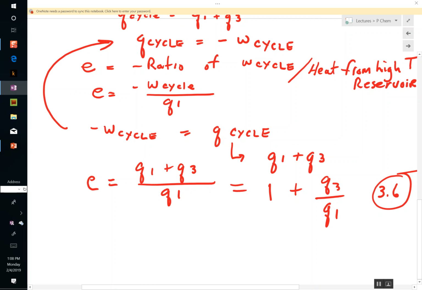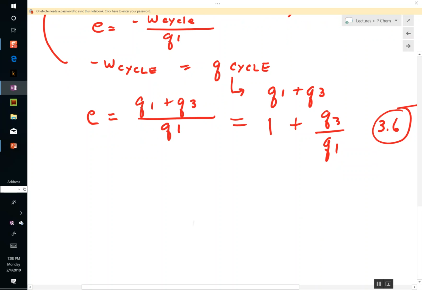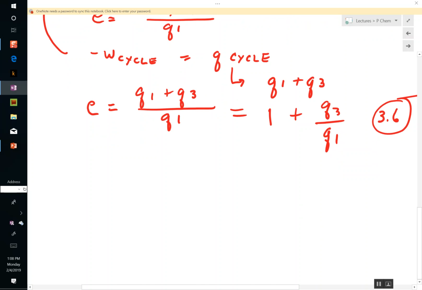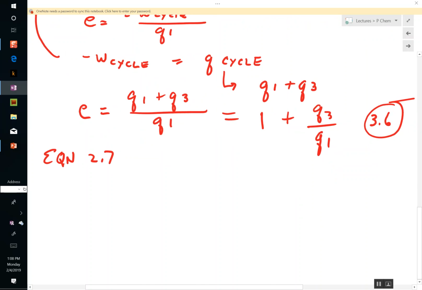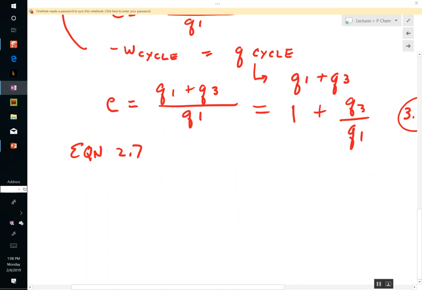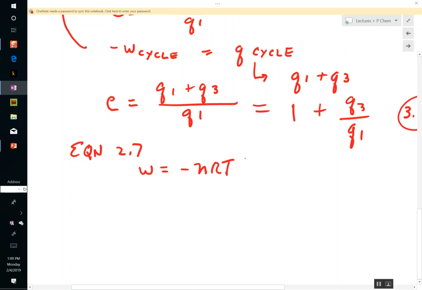But if you carry this on, if you go back and bring in equation 2.7, that is basically that work equals negative nRT times the log of the final volume divided by the initial volume.